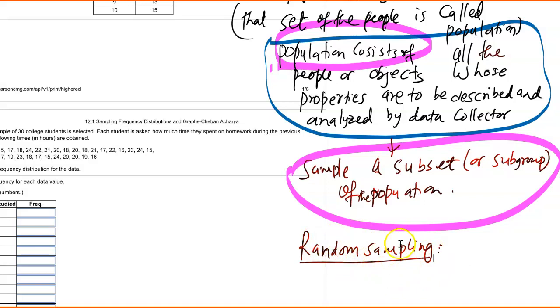A random sample is a sample obtained in such a way that every element in the population has an equal chance of being selected for the sample. Remember that. Does it make sense to you?